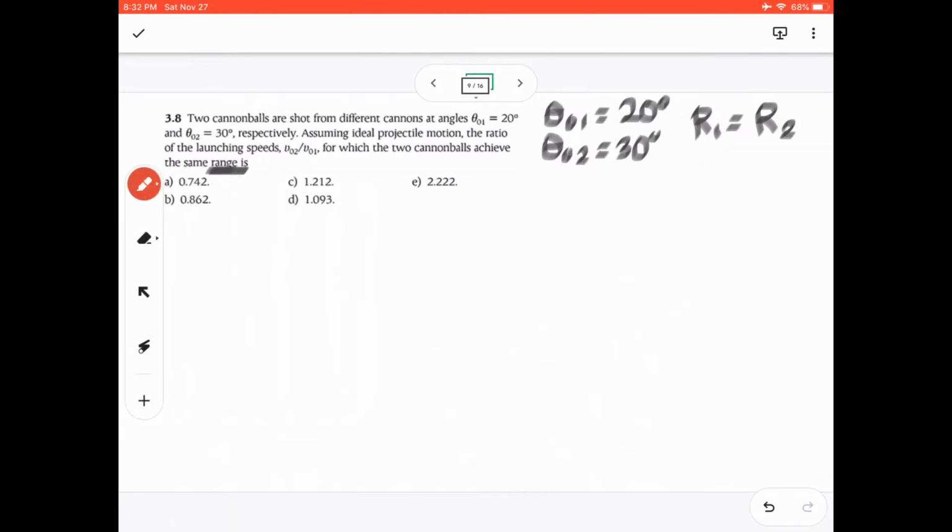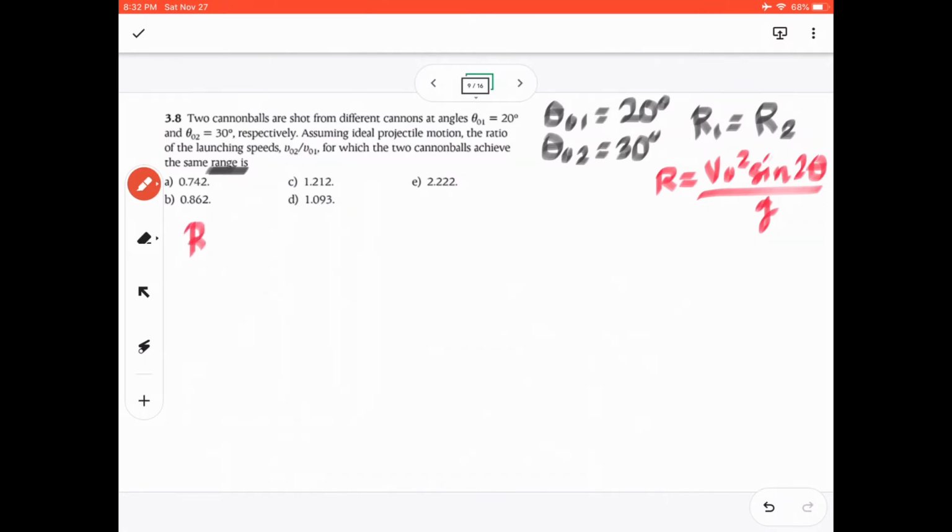The formula for range is R equals VO squared sine 2 theta divided by G. But R1 is equal to R2.